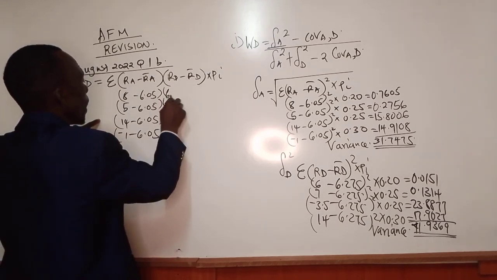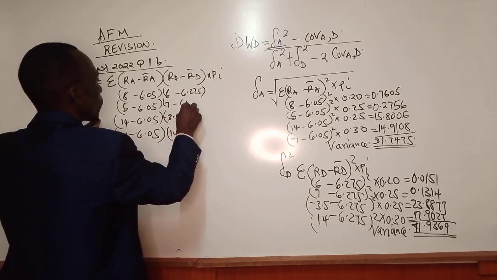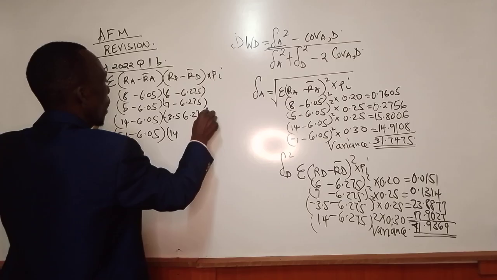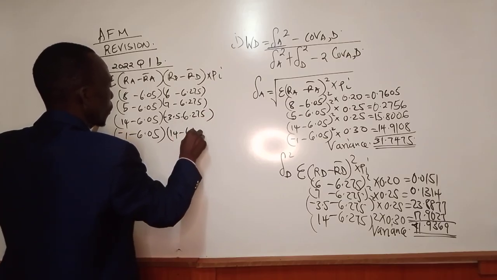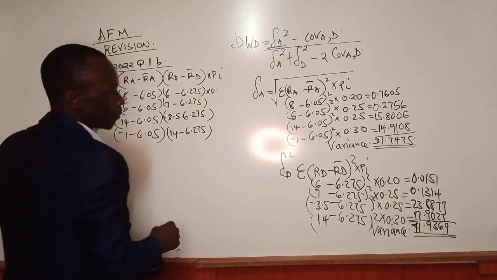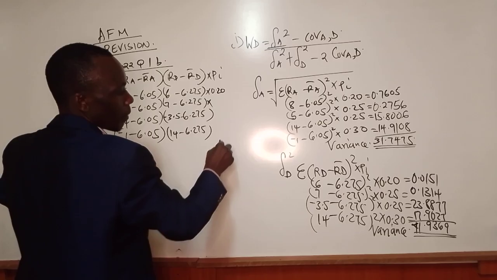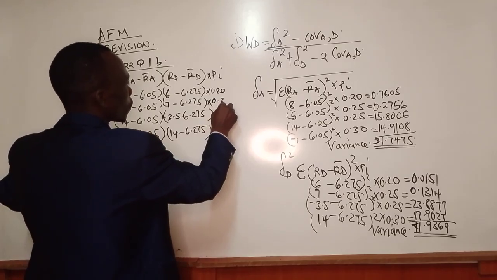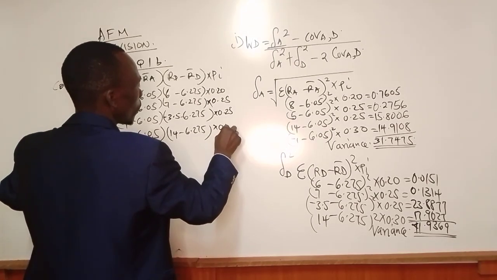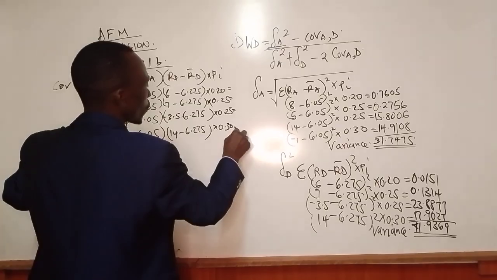Then from there minus 6.275 for each, then times 0.20, then you multiply by 0.25, 0.25, and 0.30. So how much are we going to get here?